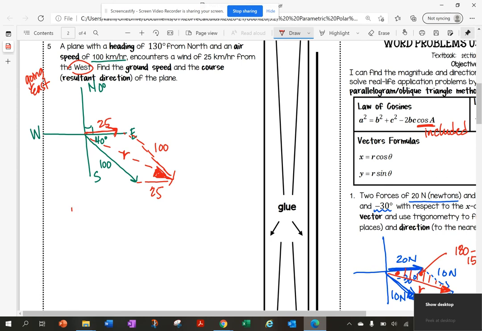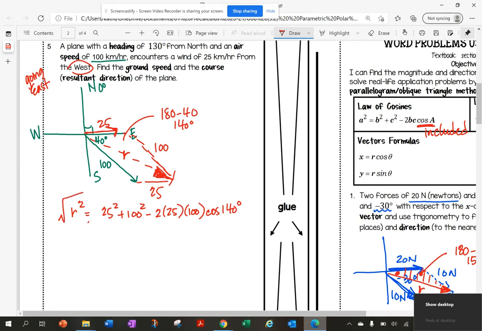So my resultant squared is going to be 25 squared plus 100 squared minus 2 times 25 times 100. Now this is 40 degrees, so this is going to be 180 minus 40. So this angle is 140 degrees, so times the cosine of 140 degrees.